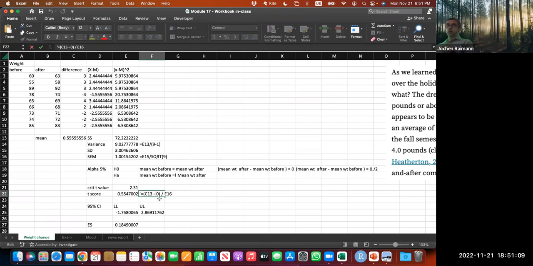And if I expect a toddler to grow just naturally, because that's what they do, right, then you would use that as your null hypothesized value. So the key message here is that the change you're observing minus your null hypothesized value, divided by the standard error of the mean, gives you the t-statistic.